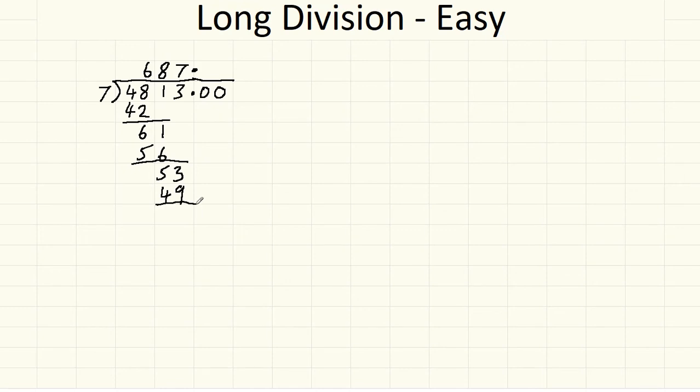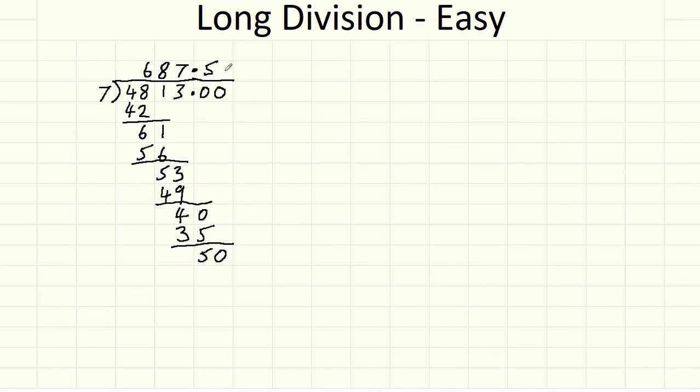So let's just take the 49 from the 53, which is 4. I can now bring that 0 down, and I can now do 7s into 40, which is 5. 5 7s are 35. Difference is 5.